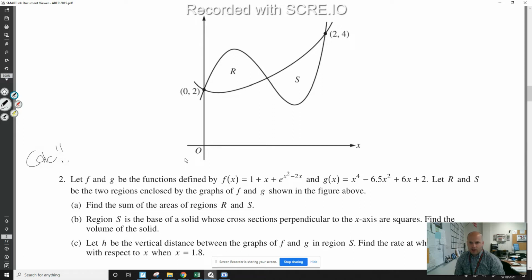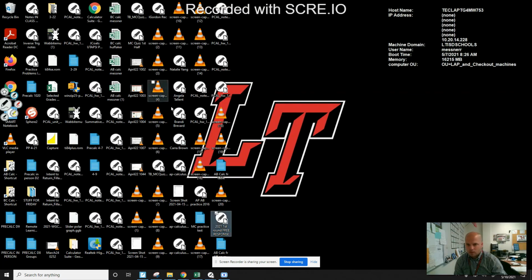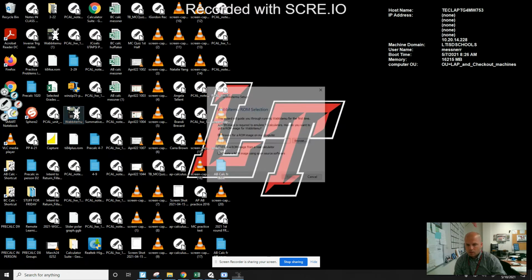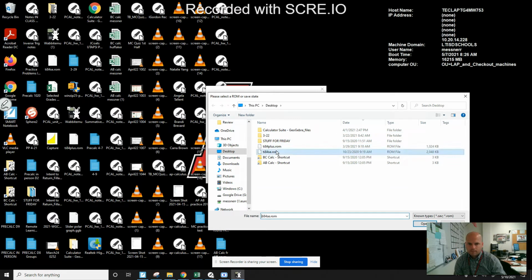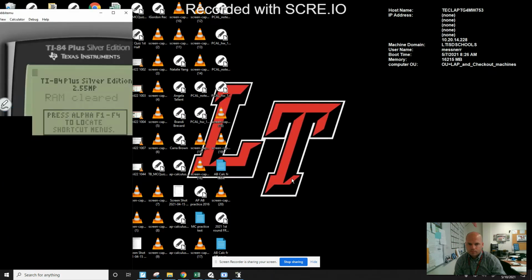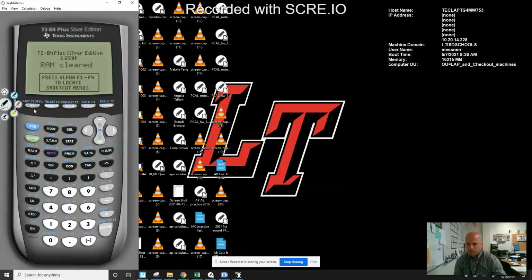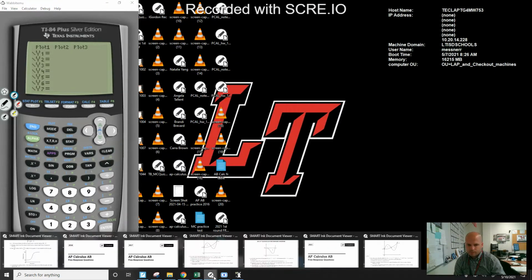Let R and S find the sum of the areas of the regions of R and S. Well, we unfortunately need to find this intersection if we want to maybe do all the problems. So let's go ahead and get our calculators out. Let's graph R and S.